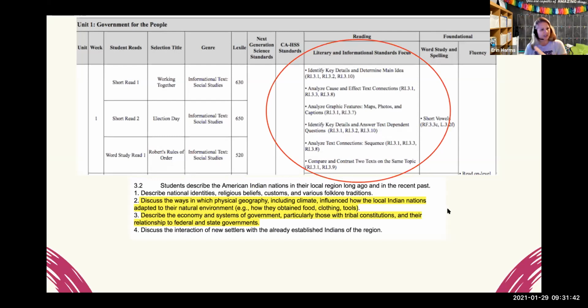So you can see that the social studies aligns with that so well, because where do we learn our government from? We learned it from our past civilizations and from the Native Americans. So what a great opportunity to bring in your social studies and hit all of those little literacy components with something that can be really purposeful and take the most advantage of your time.